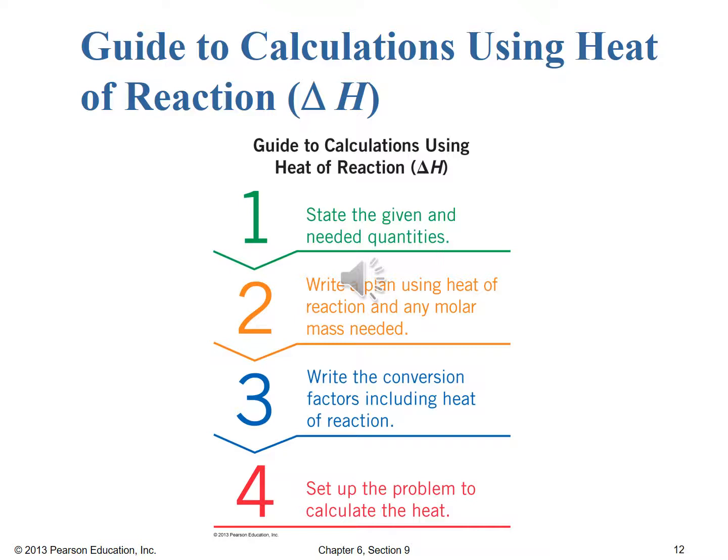Next step, we'll write the conversion factors, including the heat of reaction, which we've ignored up until this part of chapter 6. And then finally, we can set up the problem to calculate the heat either absorbed or released. Again, the sign will tell us whether the reaction releases heat or absorbs heat, depending on the plus or minus, and then also the numerical part will tell us how much heat is absorbed or released.